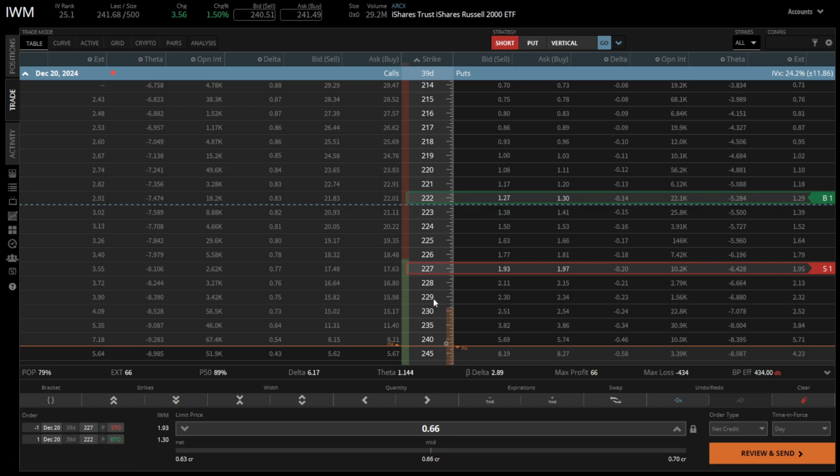In this case we sold the 227 and we bought the 222. As you can see, we have a $5 wide spread. So our loss is the $5 minus what we collect, and that's why our maximum loss is 434.